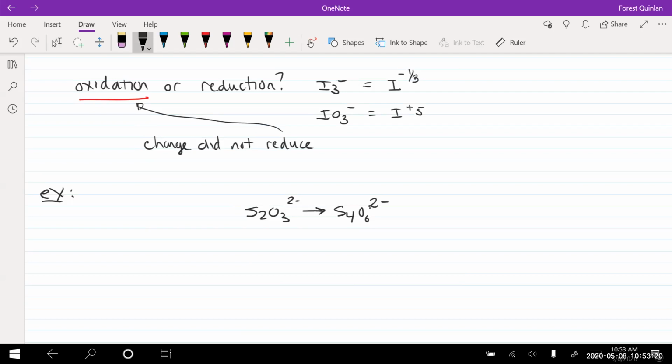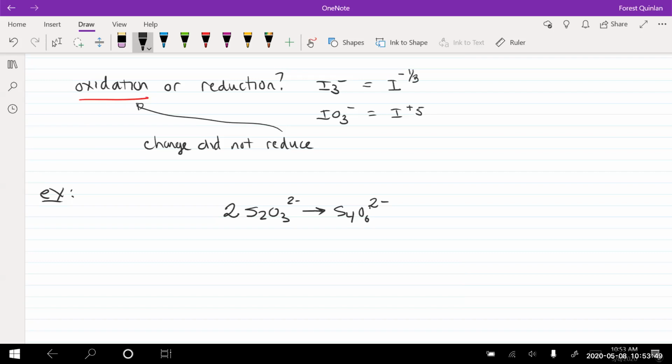So it needs to be 2, 3. So the first thing we do is we balance, okay, so you'd put a 2 in front of the S2O3 2 minus on the left, right? Because we're balancing the sulfurs. Then next we balance the oxygen. Okay, how many oxygens on the left? 6, and 6 on the right. Okay, now what do we balance? Hydrogen. Okay, there is no hydrogen.